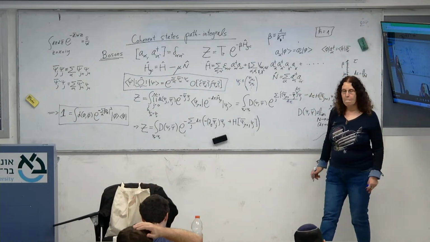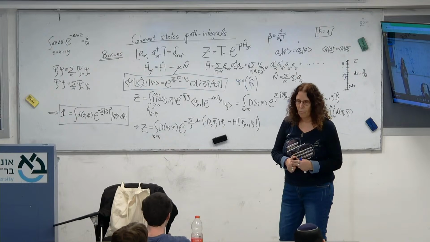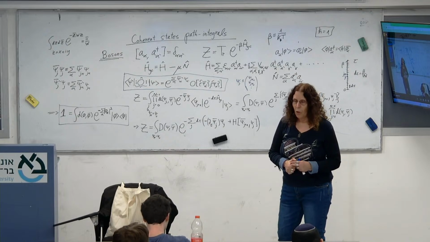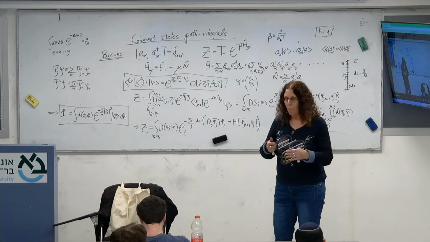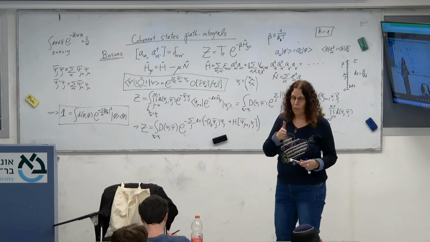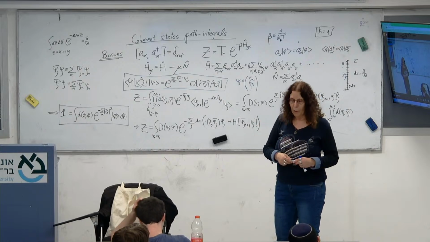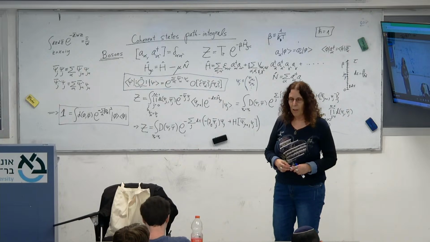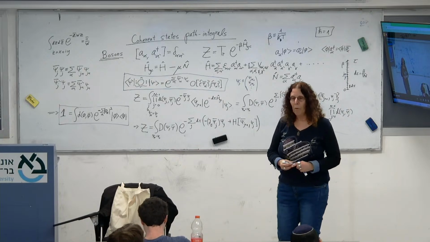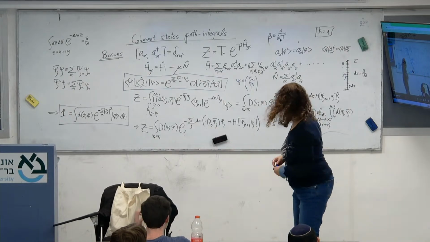Yes? What do you mean when you write psi j? J is just an index. I have a sequence of different coherent states. Psi j plus 1, each of them is a different set of numbers. But eventually I'm going to take the continuum limit. That will be my next step.